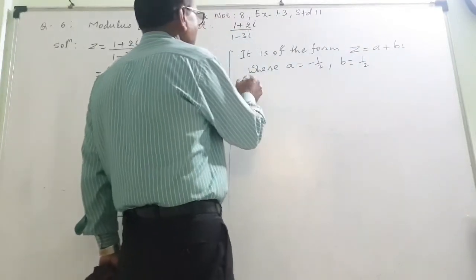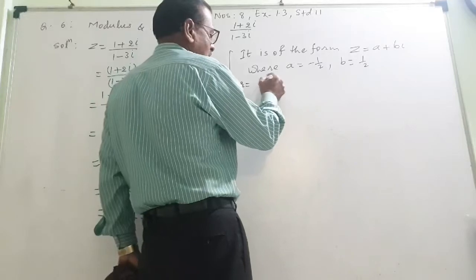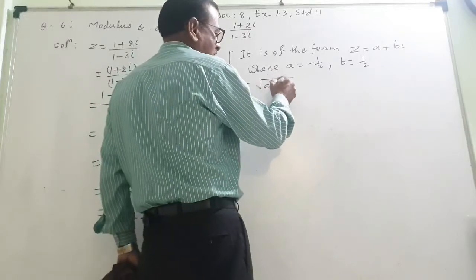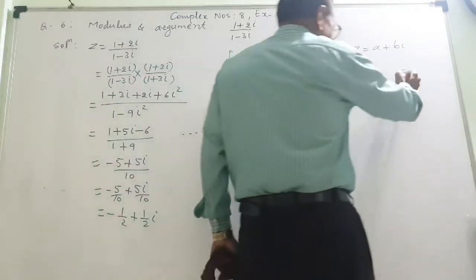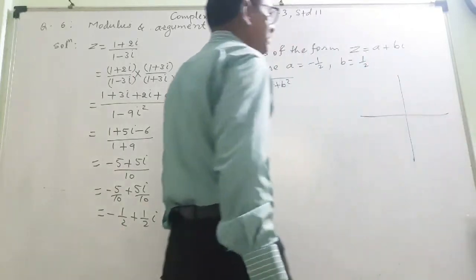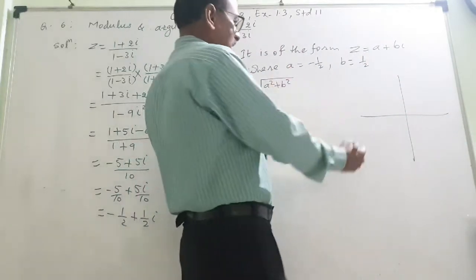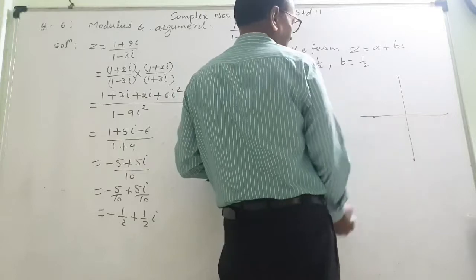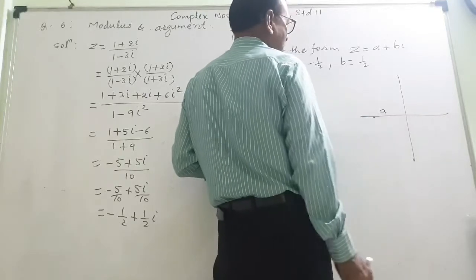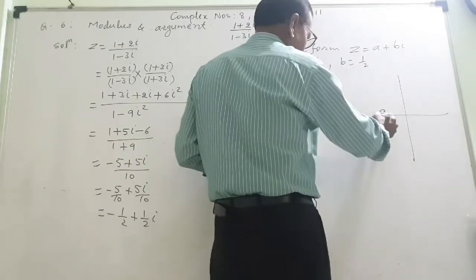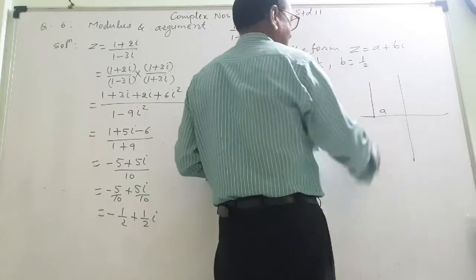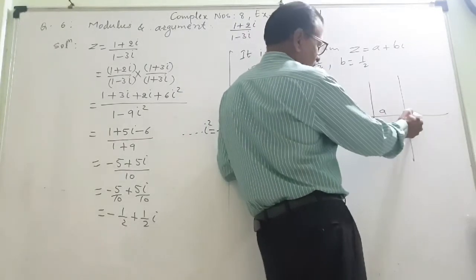r is equal to under root of a square plus b square, by Pythagoras we can do. I will just draw the diagram of this. a is minus half, means here. This is a. b means on the y-axis, so I will go here and join this.